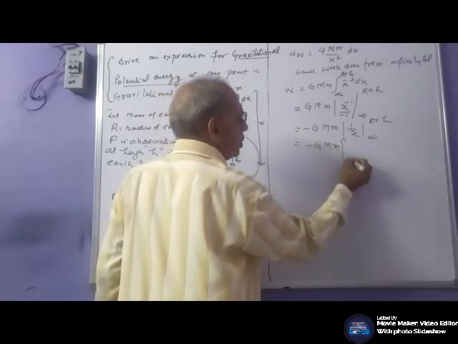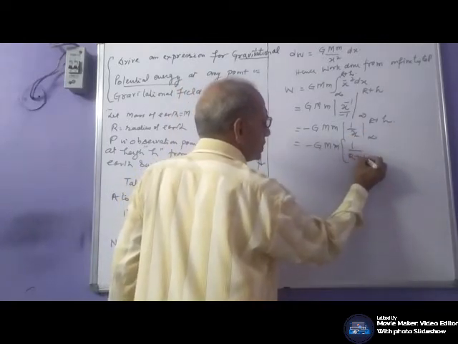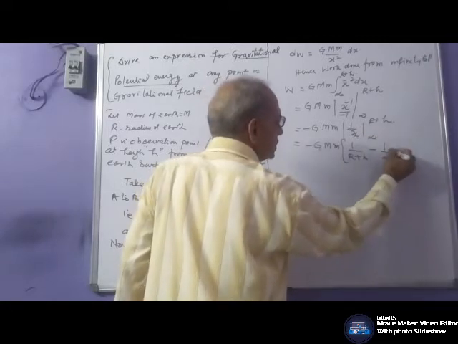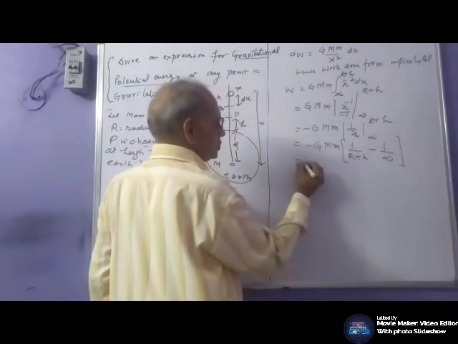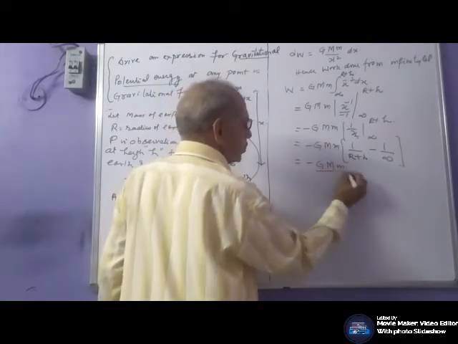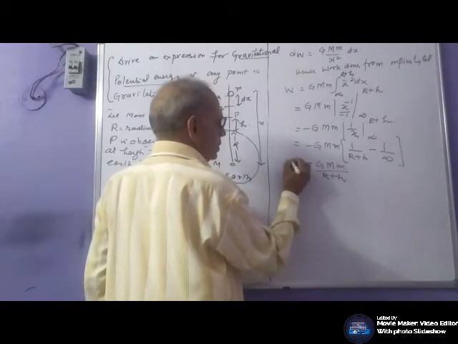GMm, the value of x is r plus h, minus the value of x at infinity. GMm by r plus h. This is the work.